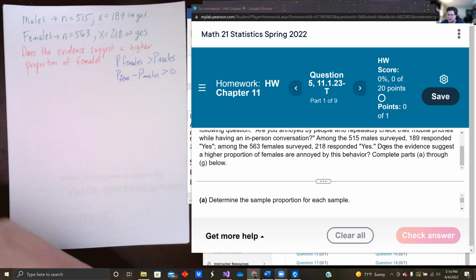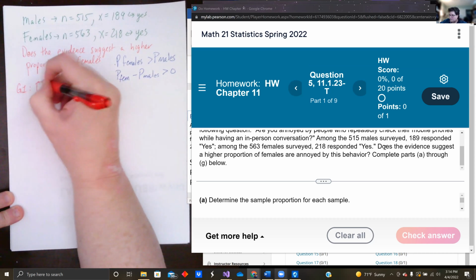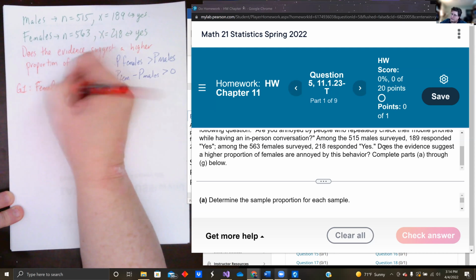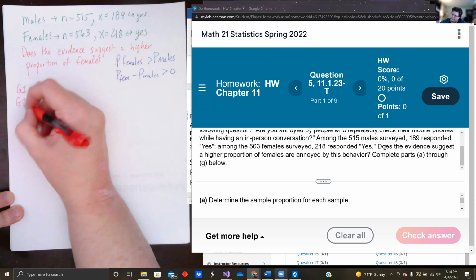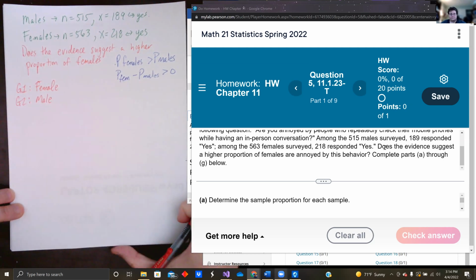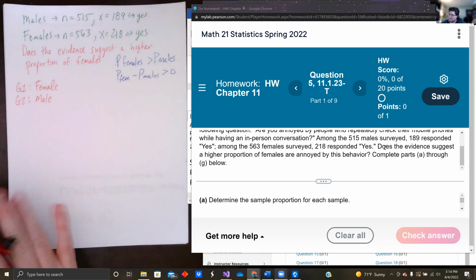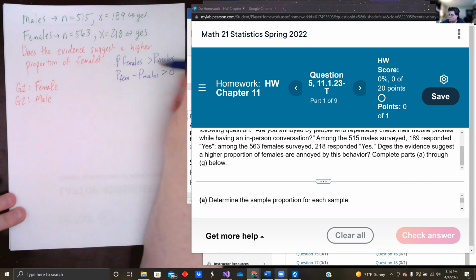Even though they talked about men first, I'm going to label group 1 as female and group 2 as male, because the higher-than thing makes sense to me here.